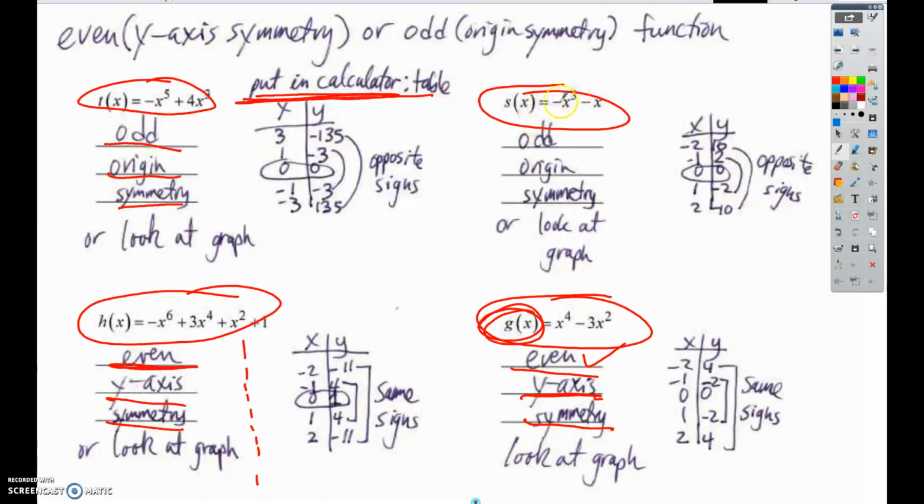Last one, s of x equals negative x cubed minus x. It's obviously an odd degree, but to figure out if it's an odd function, I am putting it in my calculator and seeing that it centers on the origin.